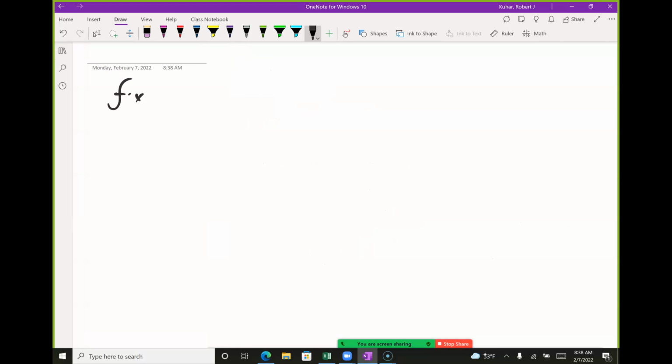Let's do a tangent line on this one. So let's say f of x is x minus x squared, and we want a tangent line at x equals 2.